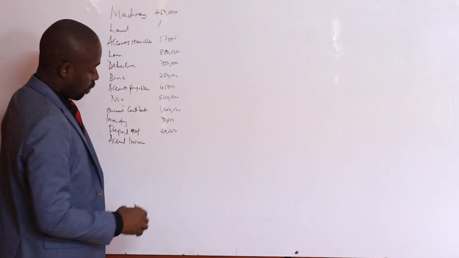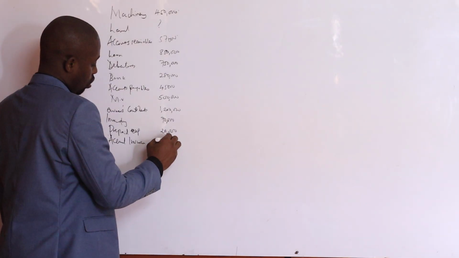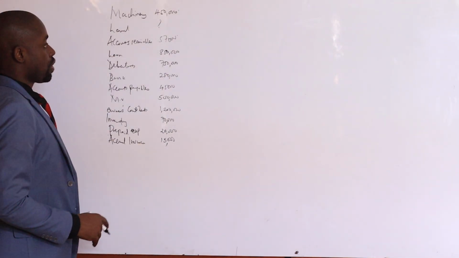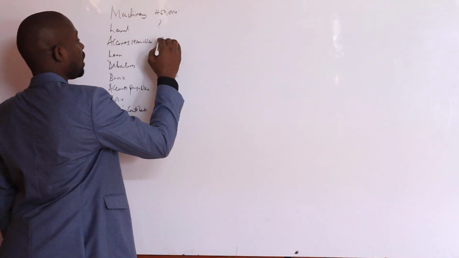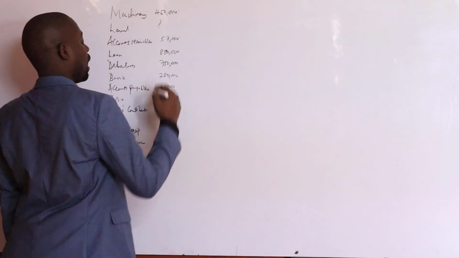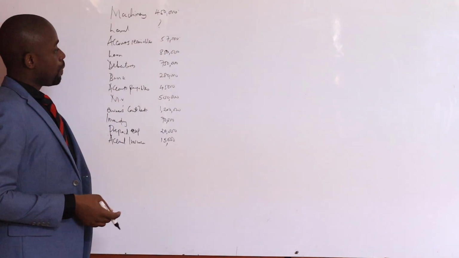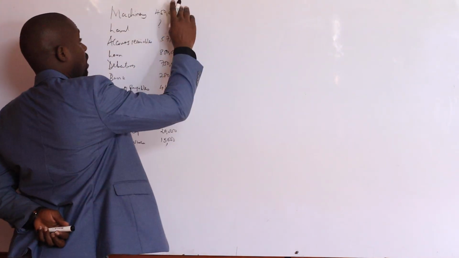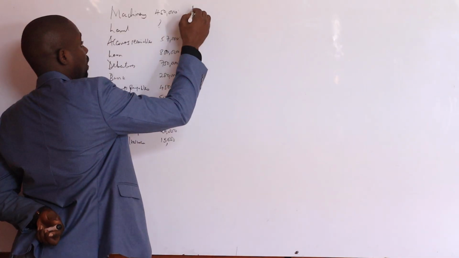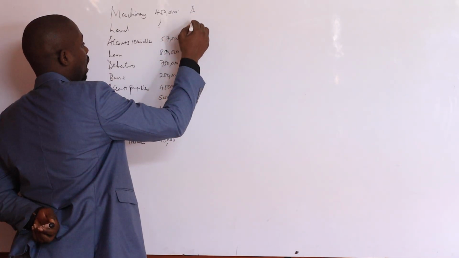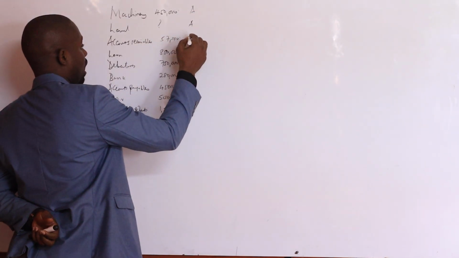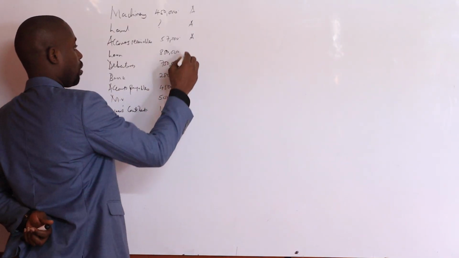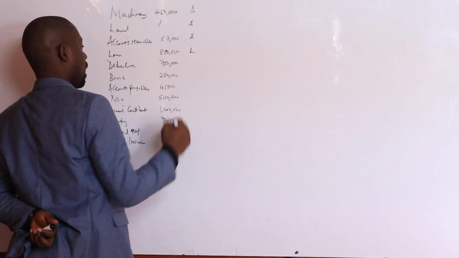So before we can adopt the accounting equation, we must first classify them as either being assets, capital, or liabilities. Machinery, we had said it falls under what? Assets. Land is an asset. Accounts receivables are current assets. Loan is what we owe, a liability.